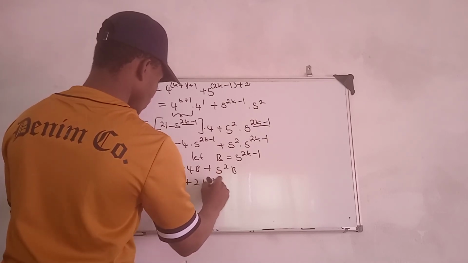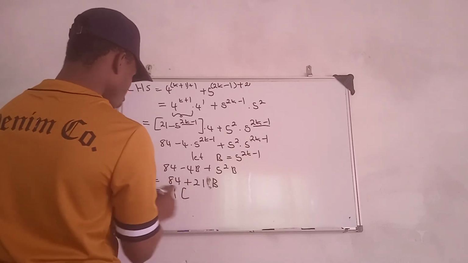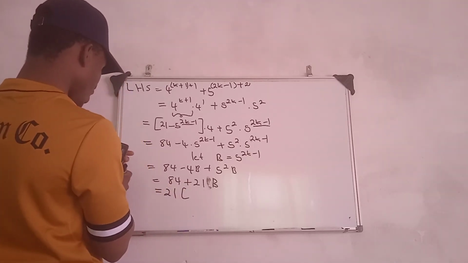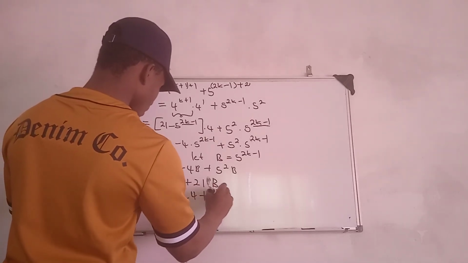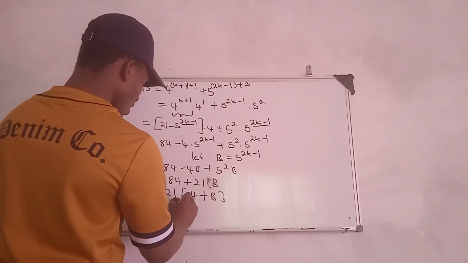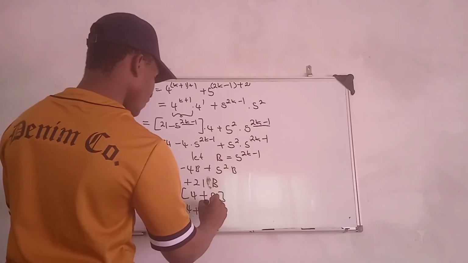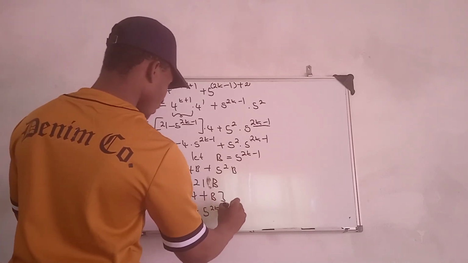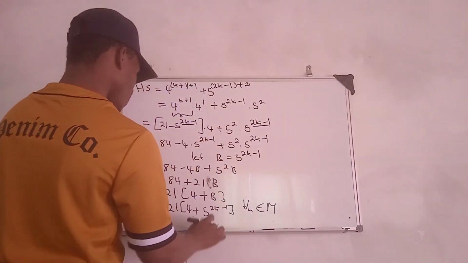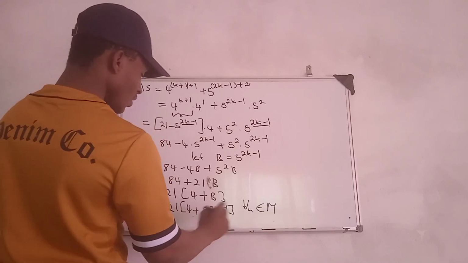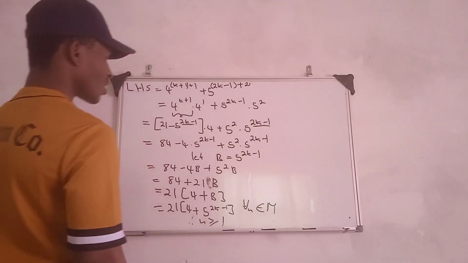But I can divide by 21 here. I can factor it out. 84 divided by 21 is 4, plus b. But what is my b? My b is 5^(2k-1), for all n which belongs in the set of natural numbers, whereby n is greater or equal to 1.